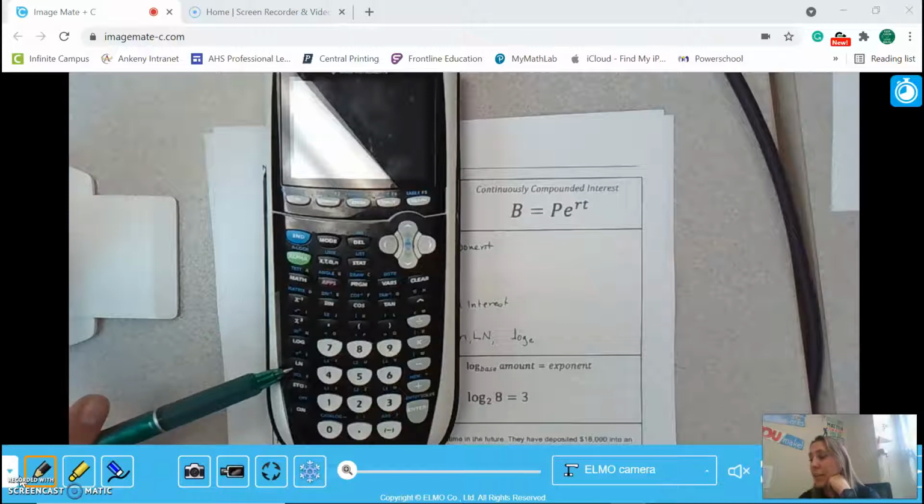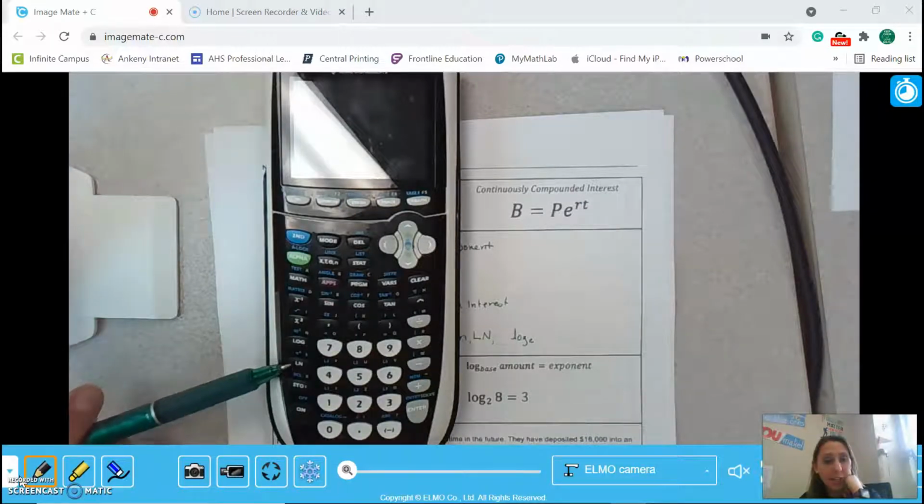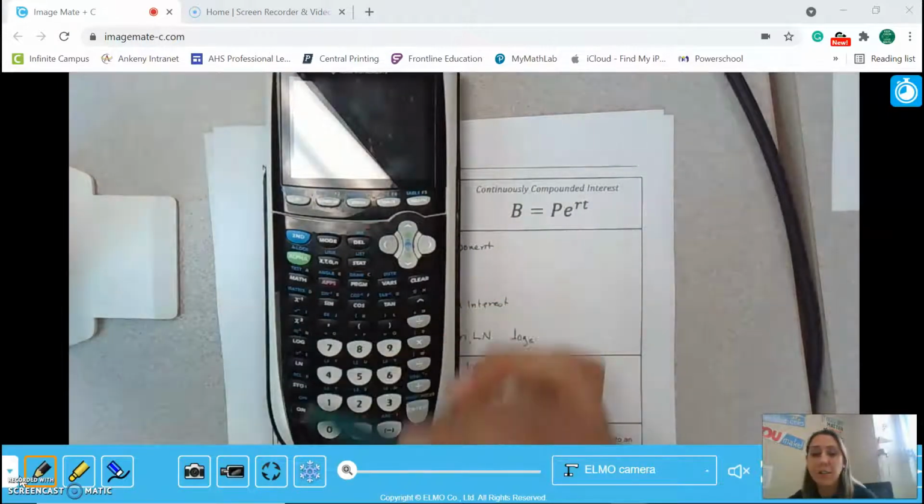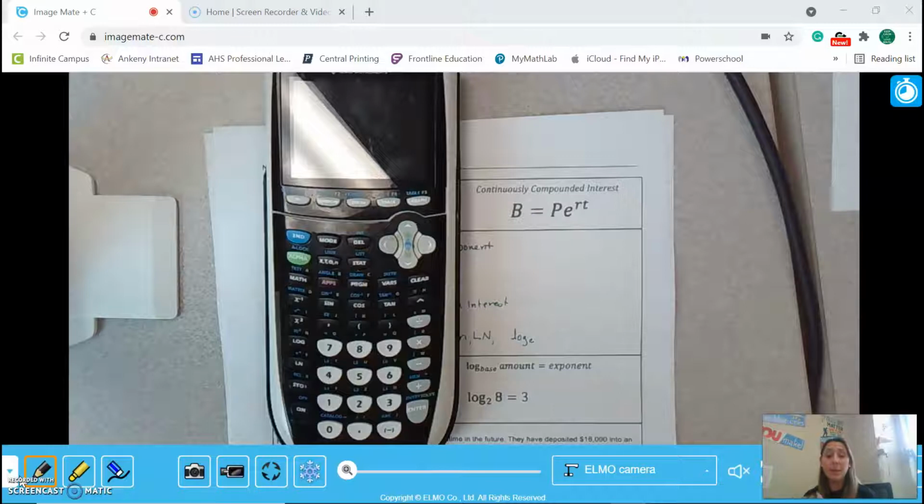If we want to take e to a power, we can do second natural log right here. You'll see the little blue e to the x, and then we can put that in for our P e, or B equals P e to the rt. So we can use that, but I just wanted to show it on the calculator so you know where to find it. Also, you can type log or ln when you're using Desmos.